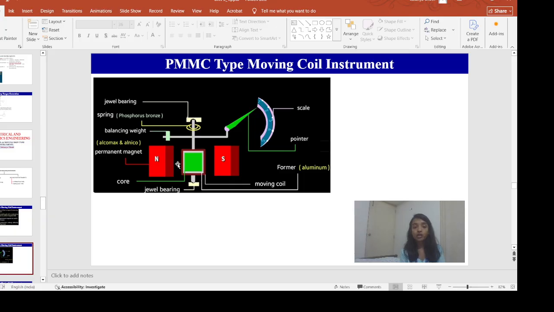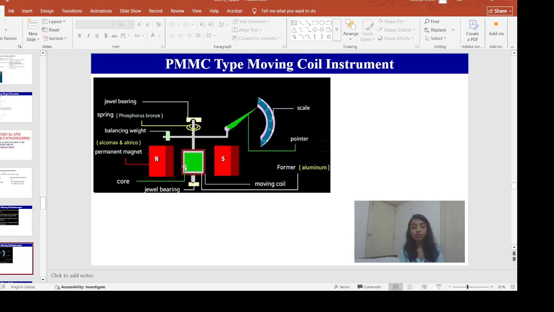This moving coil is shown here in brown color. It is wound on a rectangular aluminium former, shown here by this rectangular white shape.